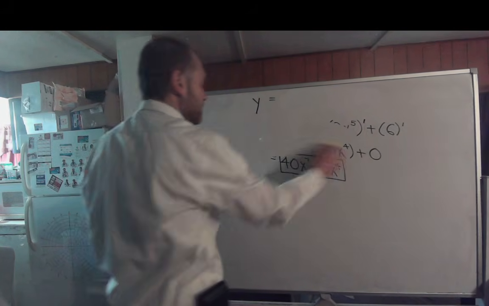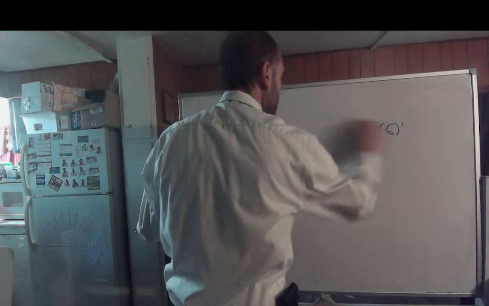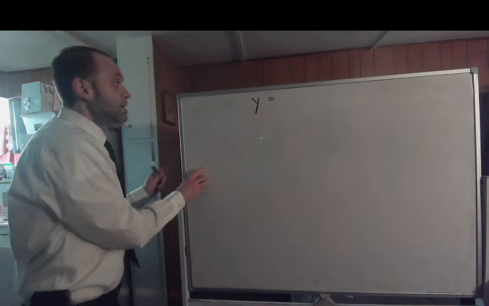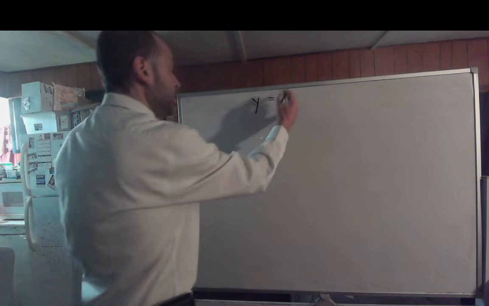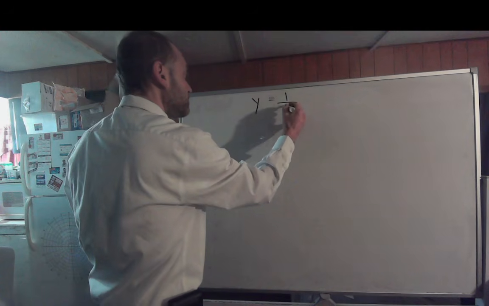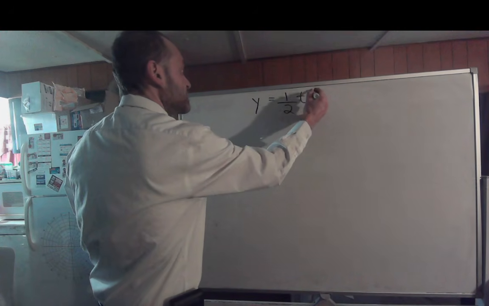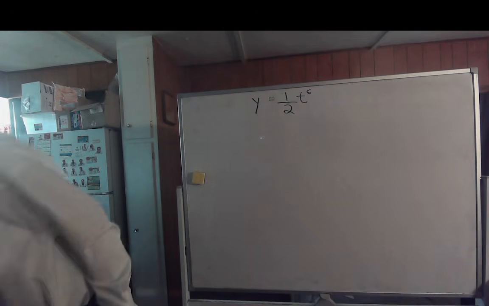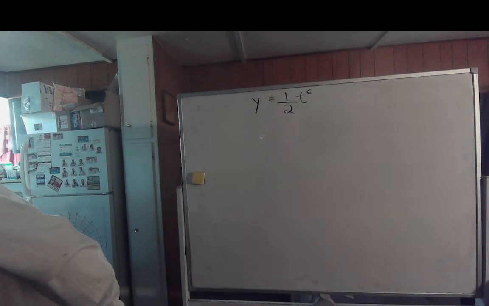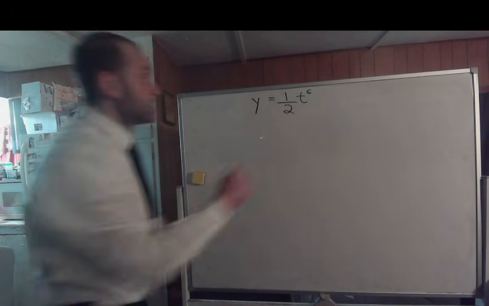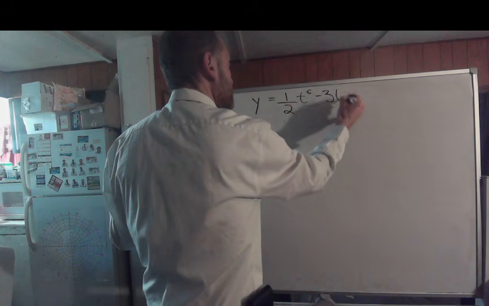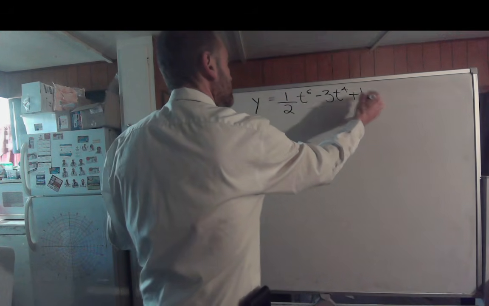Let's do another here. Let's say y equals 1/2 of t to the 6th minus 3t to the 4th plus 1.